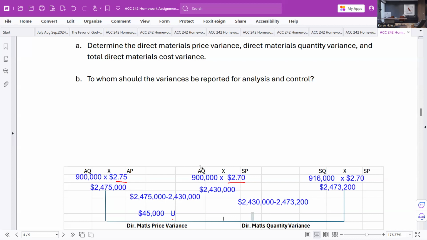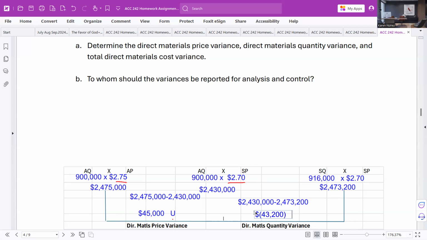They only use 900,000 pounds, but given the standard and the output, they should have used 916,000 pounds. So we're going to have a favorable variance. It's going to be a negative number, right? So you're subtracting a larger number from that 2,430,000. It's going to be a negative number. So we end up here, we calculate this quantity variance. It is a negative 43,200.